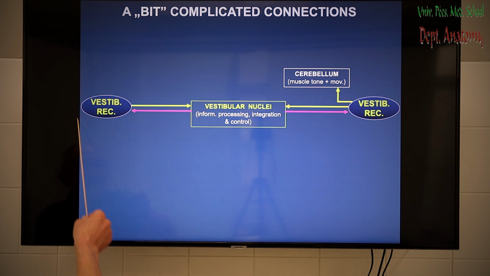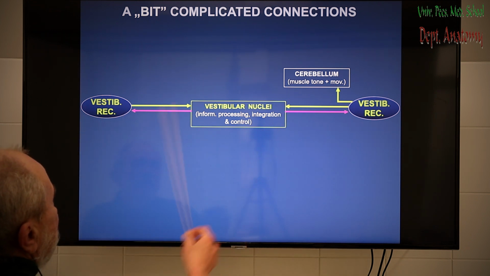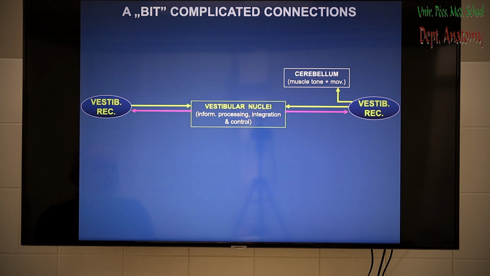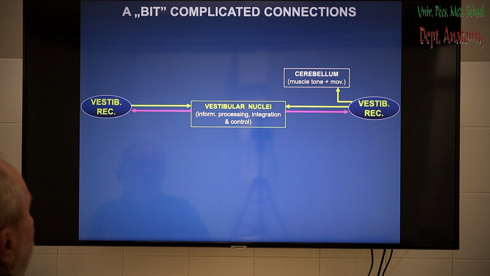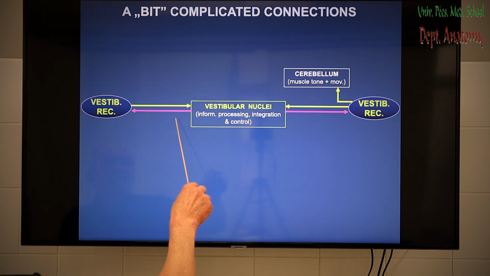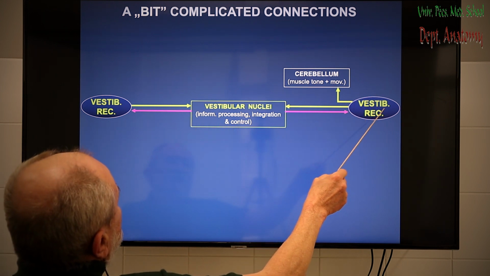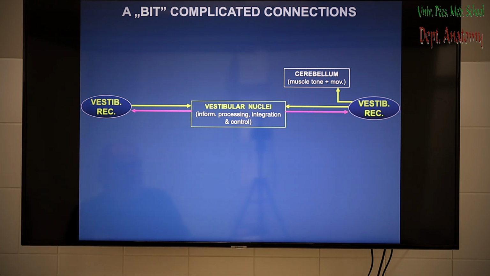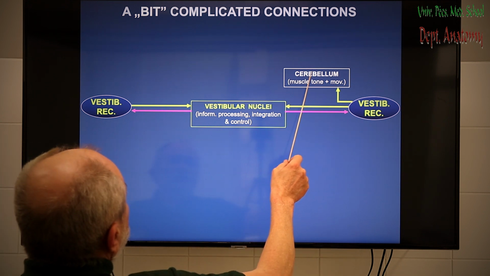From vestibular receptors, the vestibular nuclei receive information. Here the information processing starts, and integration happens between the different information coming from the vestibular nuclei and control of them. Vestibular information is sent up to the cerebellum, where this influences muscle tone and planning of movements.